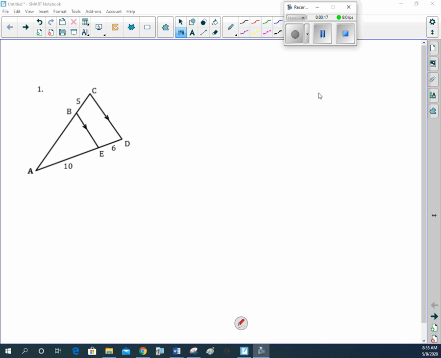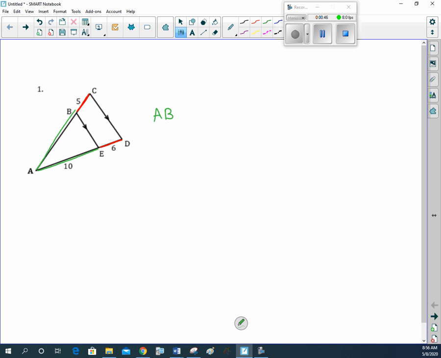If I were to look at this question number one over here, I could think of this as a piece, and then this as a piece, and then maybe I'll think of this green over here, AB, and AE as a piece. So there's lots of ways I can set up the proportion. If I started with AB, that's a green piece, and it happens to be proportional to the other green piece.